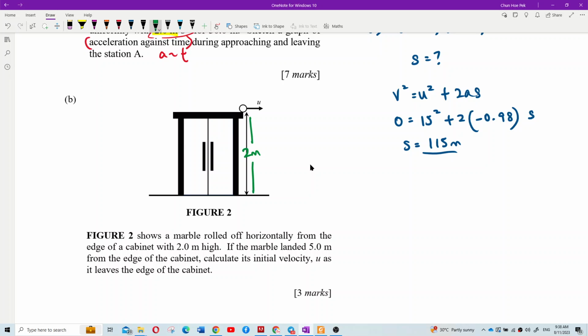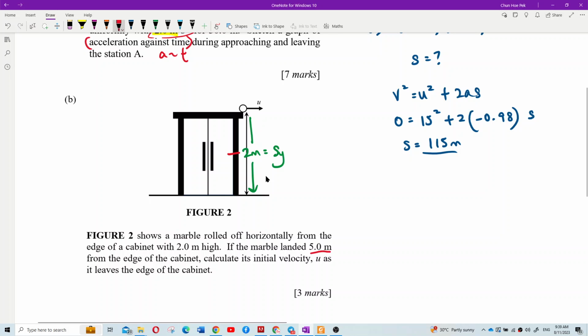So this one is Sy, isn't it? And don't forget, you must put negative, because it is going down from the initial position. So it's negative 2 meter.